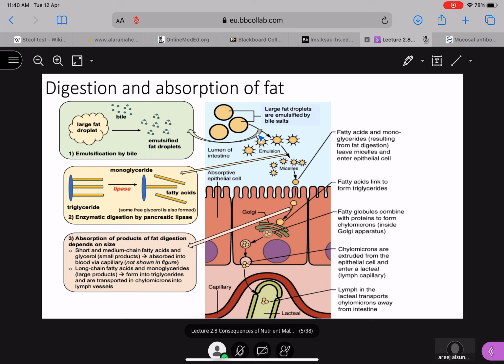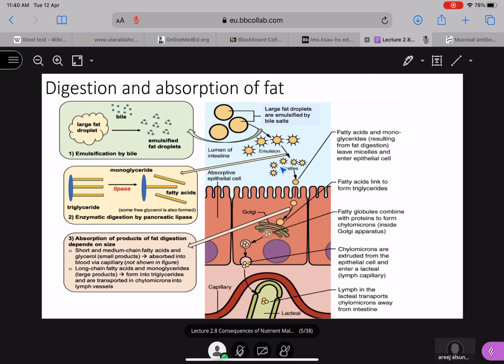After the emulsification and after the action of lipase, where the large triglyceride is converted to free fatty acid and monoglycerol, the bile acid will again surround this free fatty acid, cholesterol, and fat soluble vitamins.